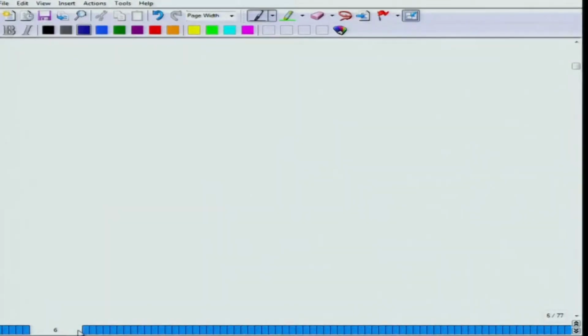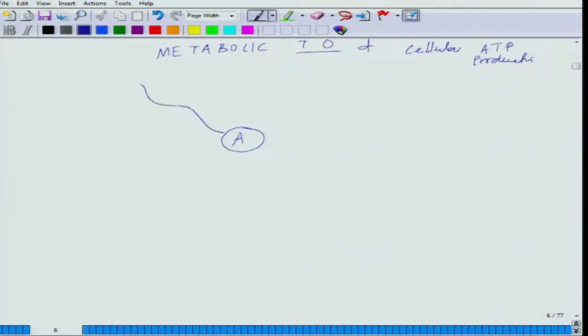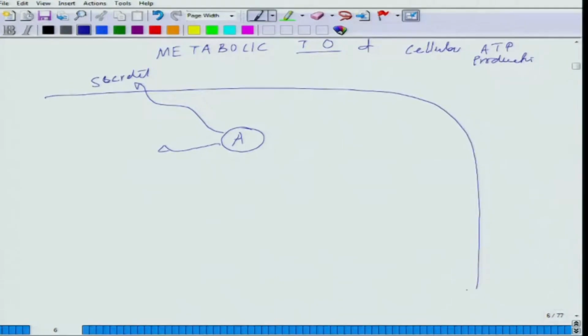Now, talking about the metabolic turnover and cellular ATP production. Essentially, I am representing anabolism here. In anabolism there are two possibilities: either these anabolic products are secreted by the cell, or they are stored, or these anabolic products have multiple roles.